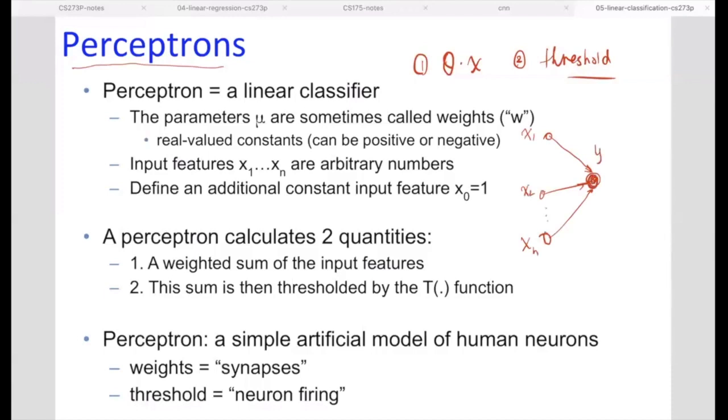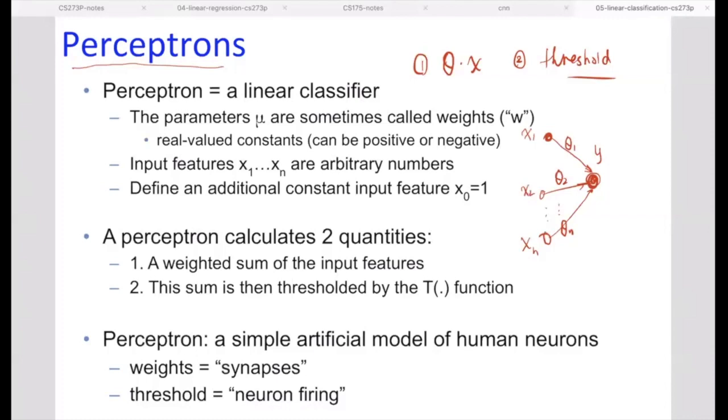They receive so-called synaptic connectivity from all the other neurons. And then each neuron might give you positive input or negative input. The strength of the connectivity is determined by the so-called parameters here, theta 1, theta 2, and theta n. So you can interpret this type of parameter to be the connectivity strength from this X1 neuron to this output neuron Y here. So you have this kind of physical interpretation of the meaning of these parameters.